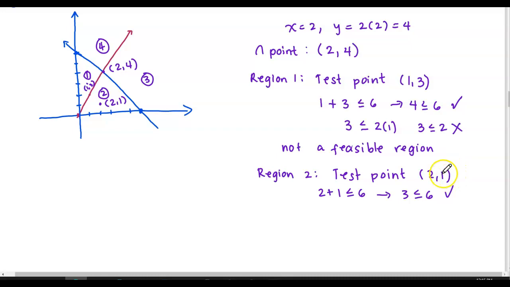Our y is 1, so 1 less than or equal to 2 times 2. Is 1 less than or equal to 4? Yes. So both of the inequalities are satisfied. Therefore, we say that region 2 is the feasible region.